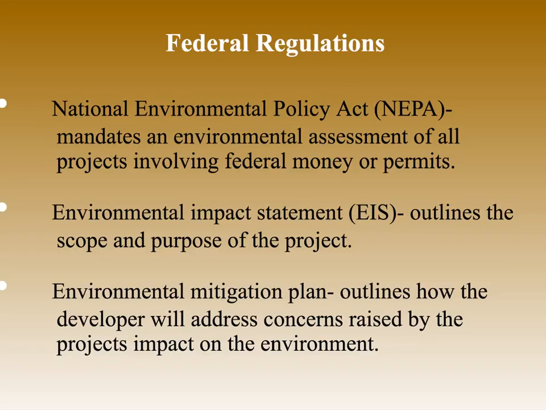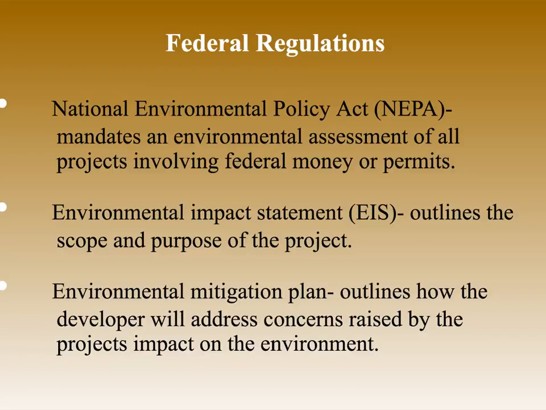Federal regulations. The National Environmental Policy Act, the NEPA, mandates an environmental assessment of all projects involving federal money or permits. If you use any money from the federal government, you have to have one of these mandates put in, and so somebody's got to come in and look at the environmental impact of whatever it is you're doing. An environmental impact statement outlines the scope and purpose of the project.